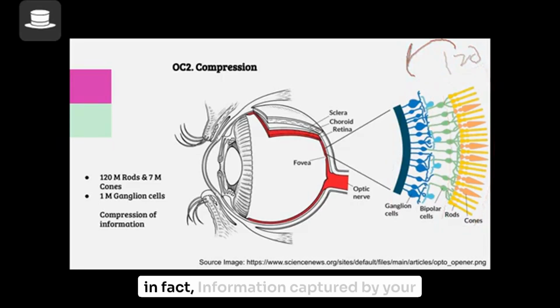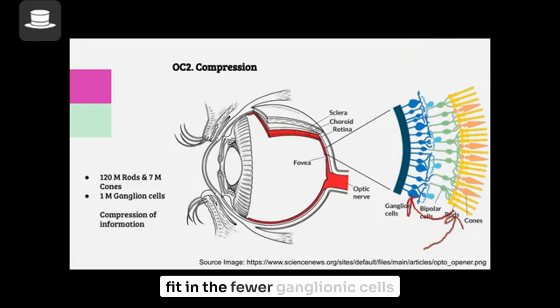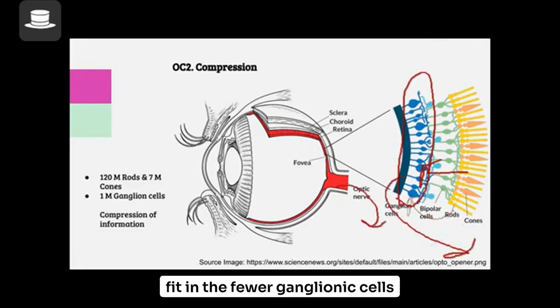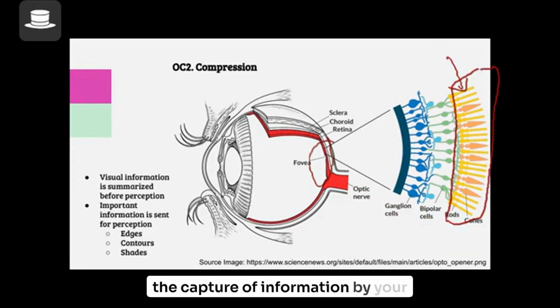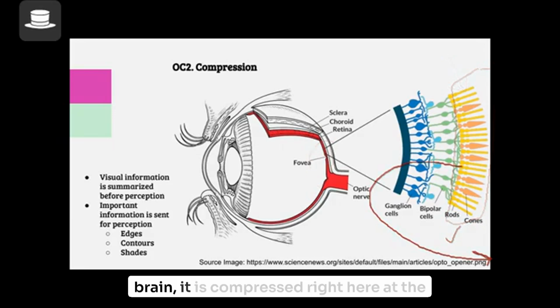In other words, information must be compressed somehow. In fact, information captured by your photoreceptors is compressed so that it can fit the fewer ganglionic cells, and this process is called compression. The capture of information by your photoreceptors is sensation. The information is sent to the brain so it can perceive, interpret the information. But before the information is sent to the brain, it is compressed right here at the level of the eye.